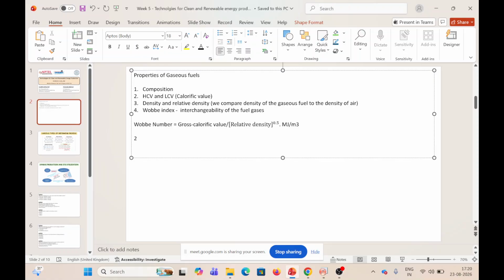Two fuels with a similar UB number will give similar energy output, provided that the valve settings and the pressure are the same. So this is the concept of UB number. It determines the interchangeability of the fuel gas that you can use in a system to produce energy, and it is defined as the ratio of the gross calorific value to the relative density of the air.